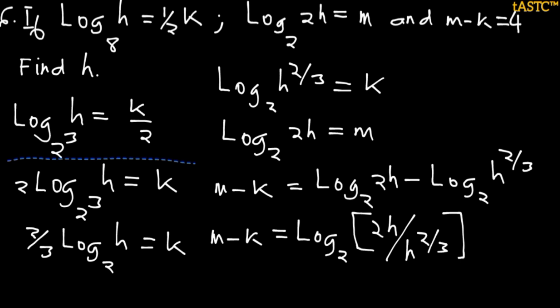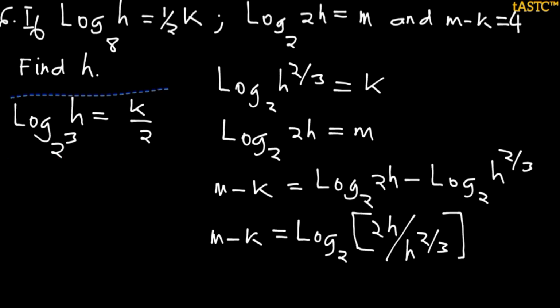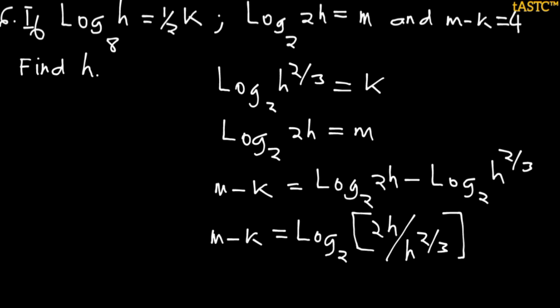So I think I'm going to wipe these out and take these out also. Now we know this is going to change to this. This will be m minus k, and this is going to be equal to log to the base 2 of 2h. Now we know this is a 1. So we have h to the 1 divided by h to the 2/3. So that should be 1 minus 2/3.